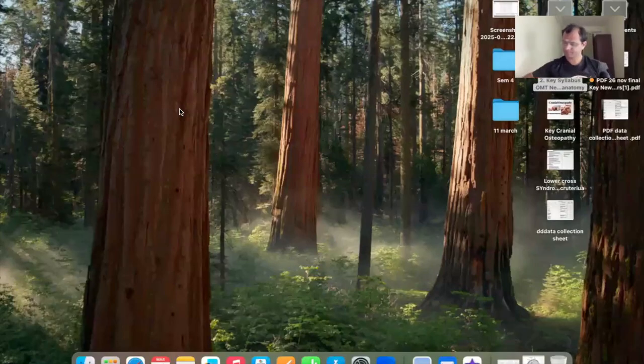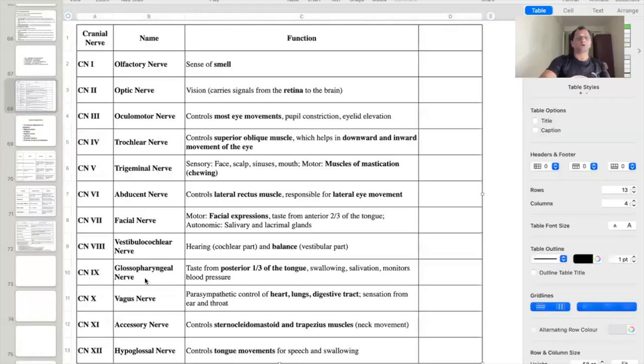Already I discussed the 9th nerve, which is connected with speech. The glossopharyngeal nerve is the 9th nerve. Glosso means tongue.